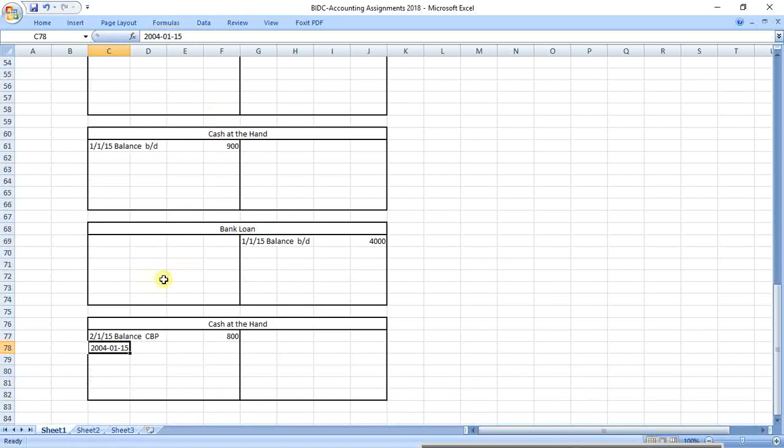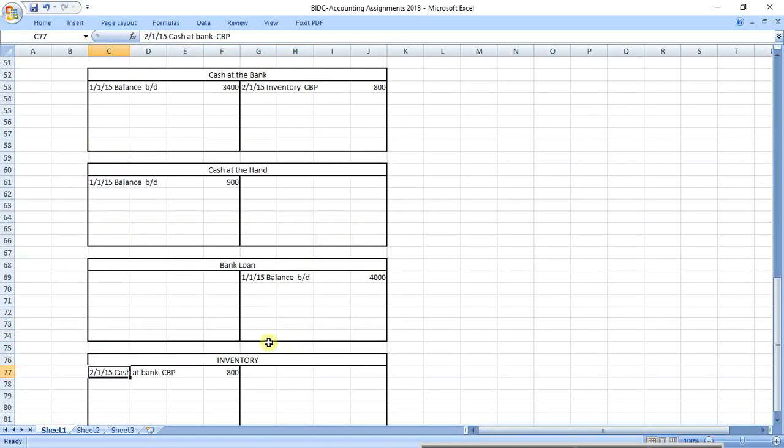So that was cash to bank, so that would be on the side, 4/1/15, rent expense, CBP, and the amount. How much was it? 500. I'll just double check the amounts so we're reading the right lines.